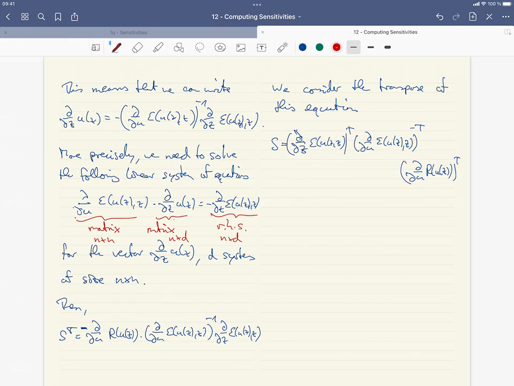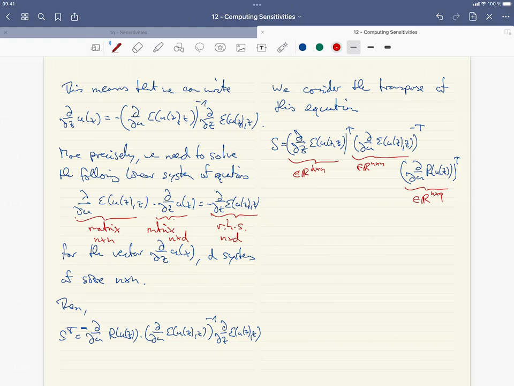And now I can write again what sizes they have. So this is now a d times n object. This one here is still an n by n matrix. And this here is an object that's n times q, yeah, because we have q quantities of interest.